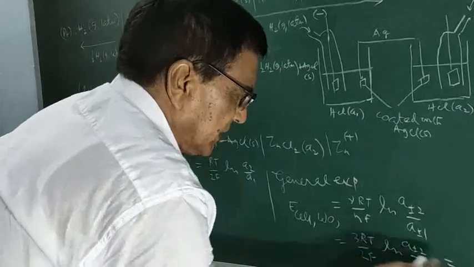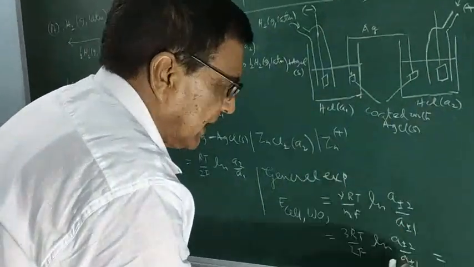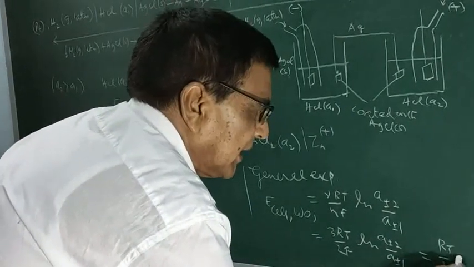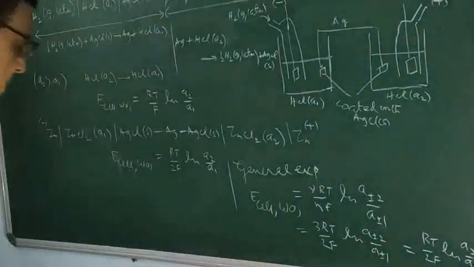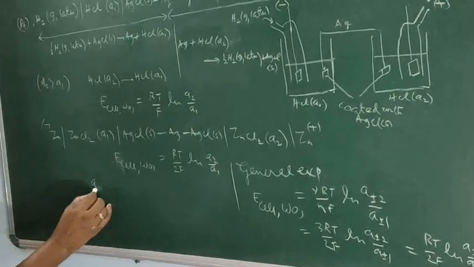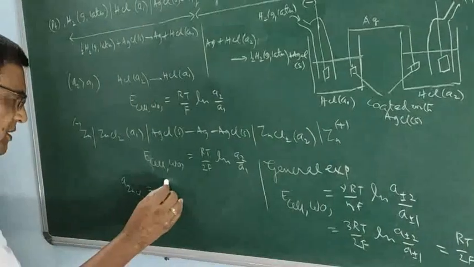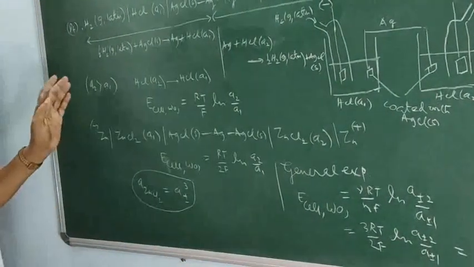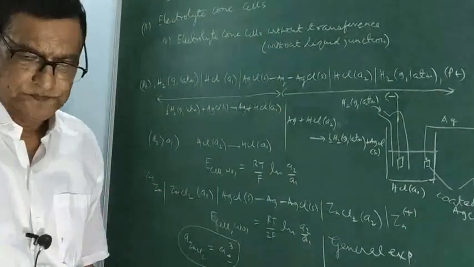And this 3, whenever coming to this power, this will be RT by 2F ln a2 by a1. As for the zinc chloride, for the activity of zinc chloride, we can write a plus minus to the power 3. So this is all about the electrolyte concentration cell without transference.